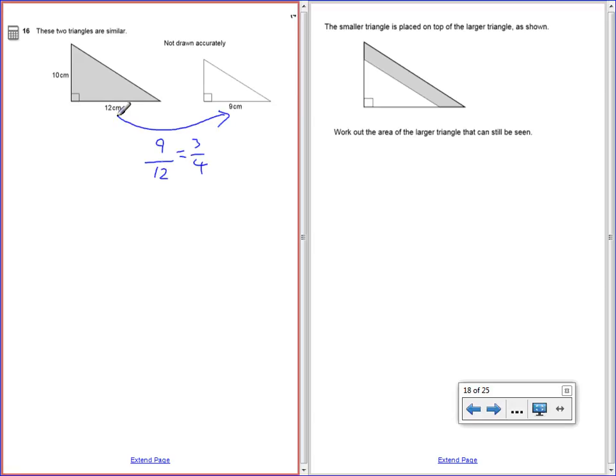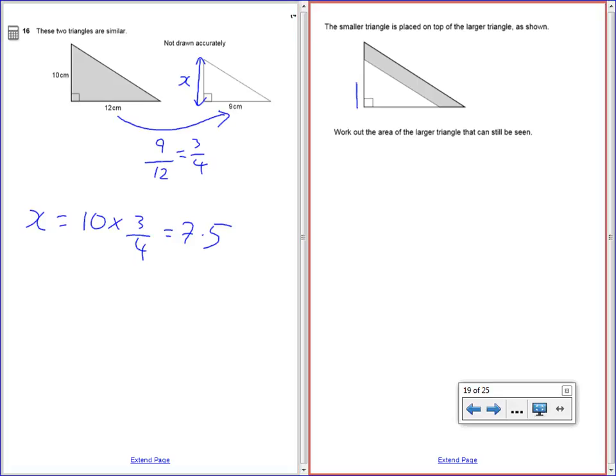So in order to find this length here, call it x, we need to do 10 multiplied by 3/4, which is 7.5. So that means what we've got on our triangle, when we've got a triangle on top of each other, is we've got 10 all the way up here.